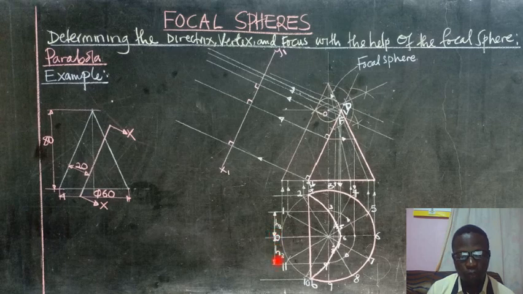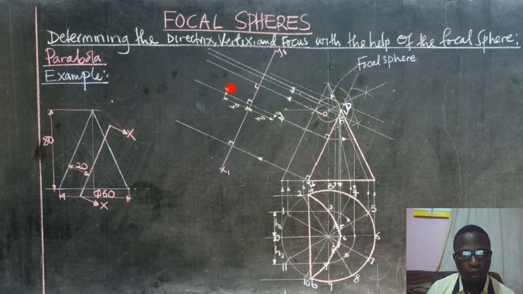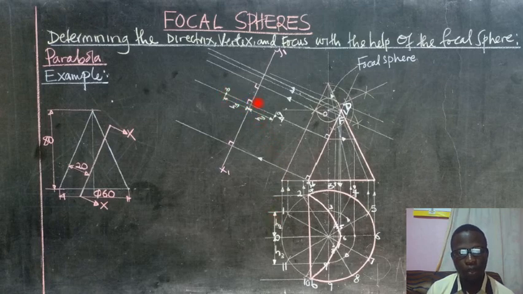You pick that height, you go and mark it on the true shape diagram. And when we are marking, we pick the height, we bring it there. So you have H3 marked from the center here to that side, from the center here to that side. After that, you can also pick the next height.